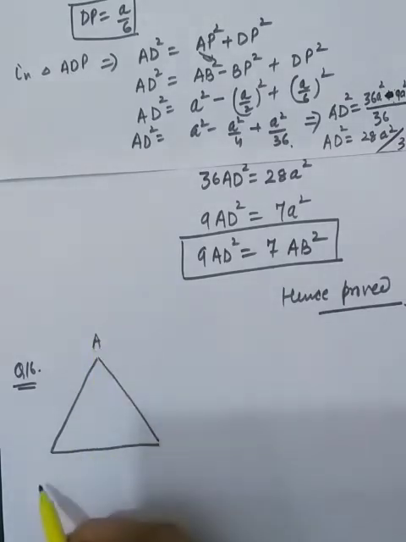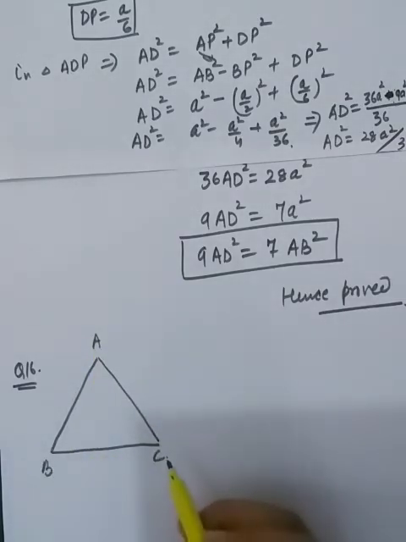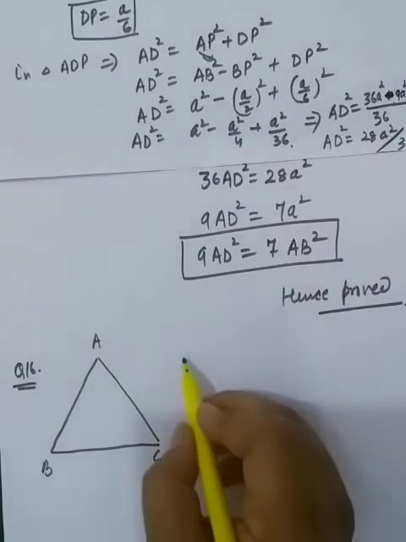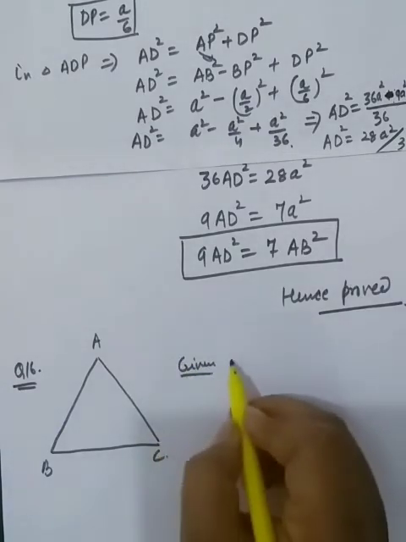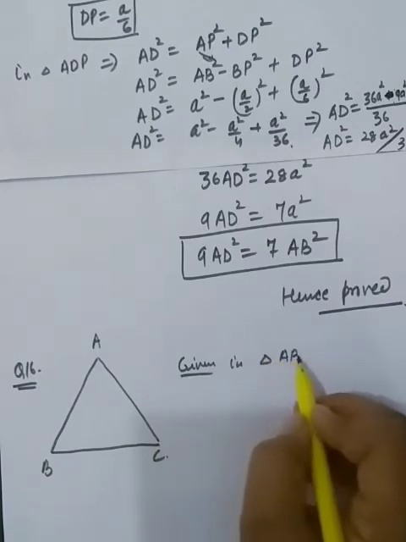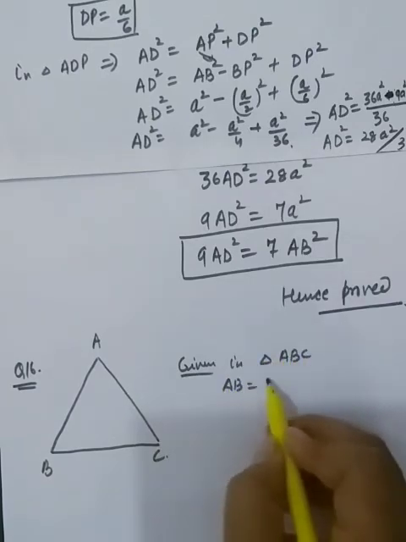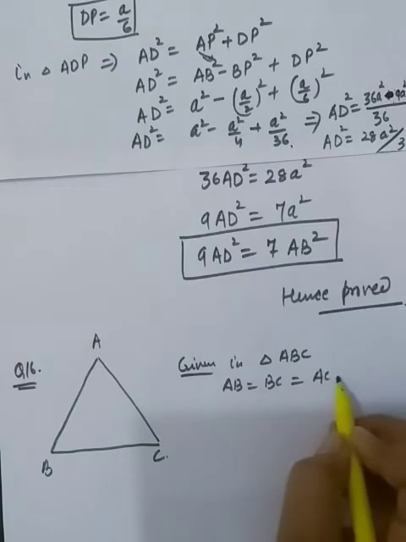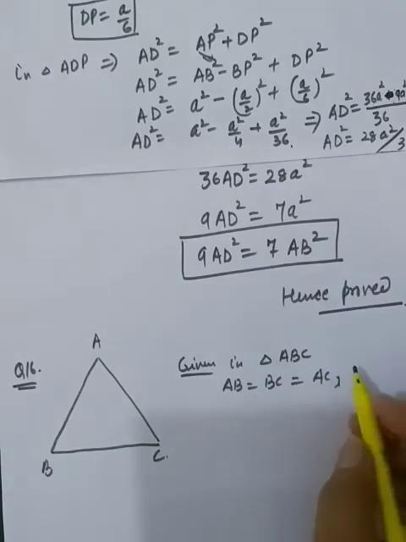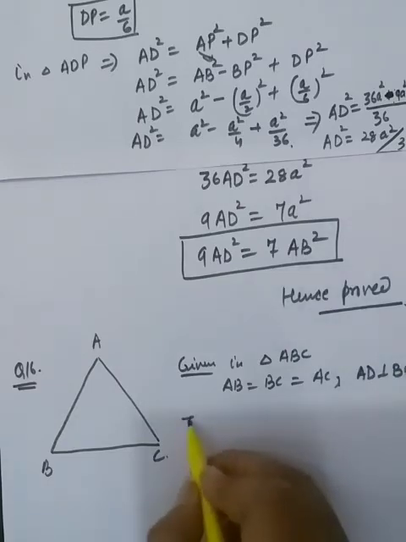So this is triangle ABC, and what is given here? In triangle ABC, AB is equal to BC is equal to AC, and AD perpendicular to BC. This is given to us.